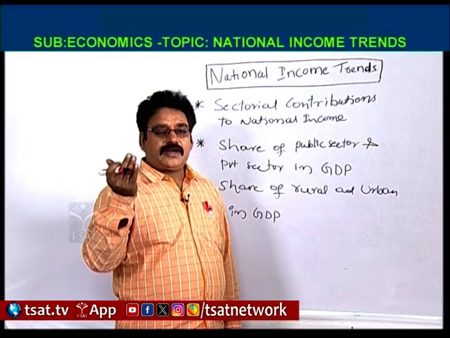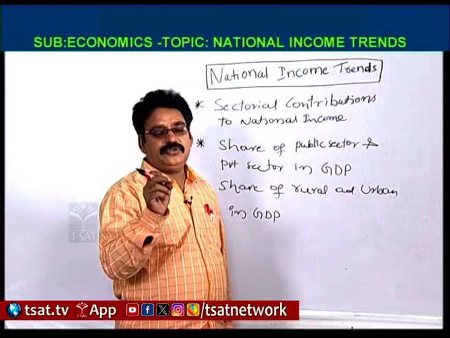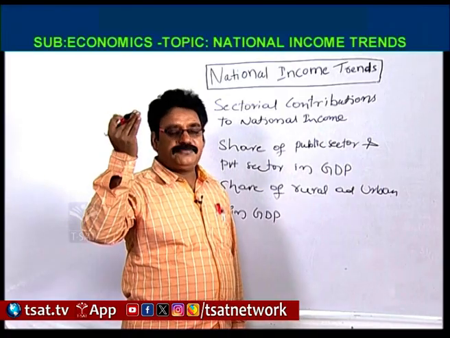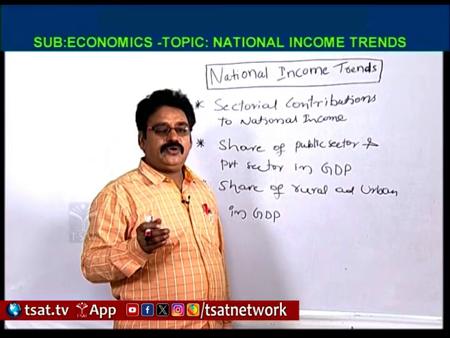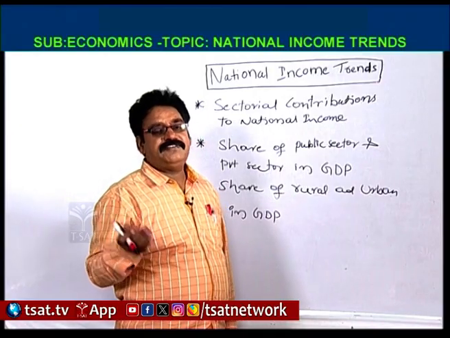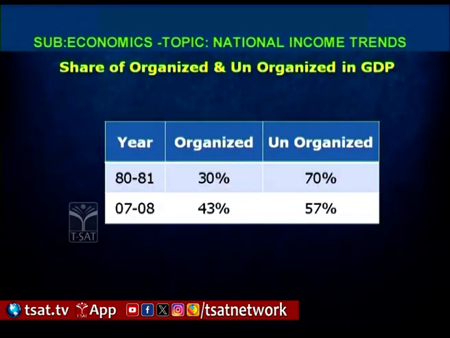Thus, the unorganized sector's role has decreased, but if we observe 2007-8, it decreased from 70 to 57, and even now it is contributing more than 50% from the unorganized sector, and 43% is coming from the organized sector.